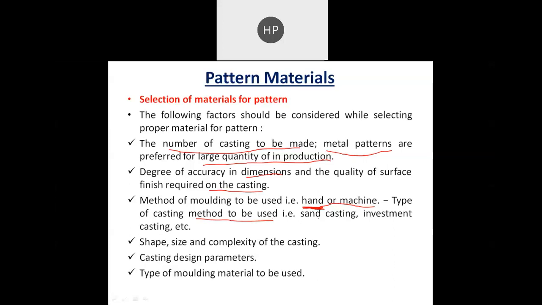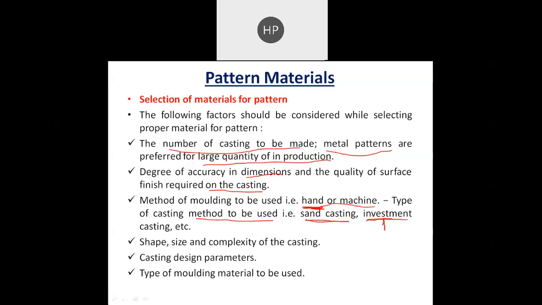Some examples are given: either we are going for sand casting, investment casting, or other casting. Based upon that we have to select the casting pattern material, because in sand casting generally we prefer a wood pattern, but in investment casting we cannot go for a wood pattern, because in that case we compulsorily have to use wax.